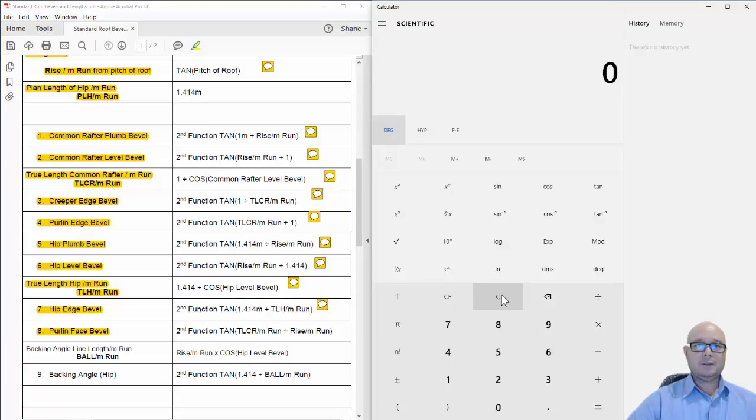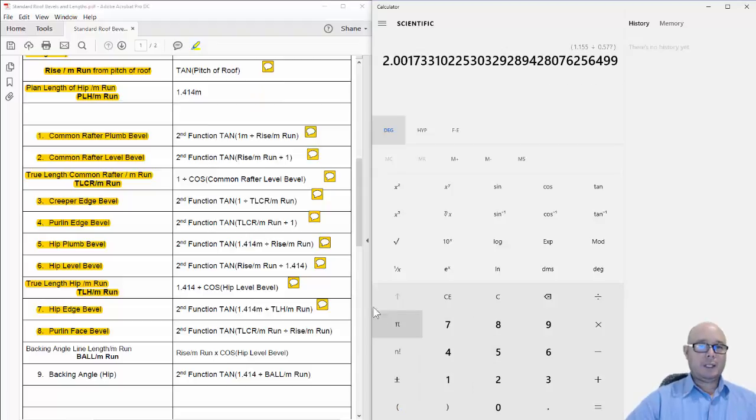First of all, I'll just clear my previous calculation, and I'll do the brackets part first. So start with the brackets, and it's TLCR per metre run, or true length of common rafter per metre run, and there it is, which is 1.155. 1.155 divided by my rise per metre run, which we worked out as 0.577.